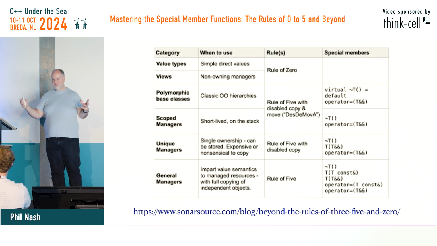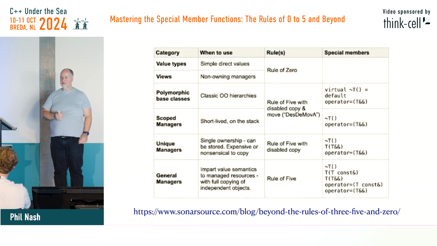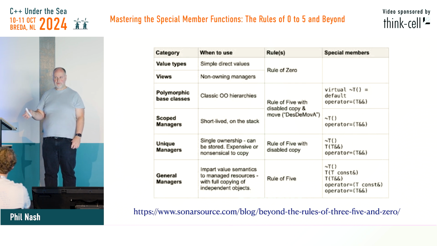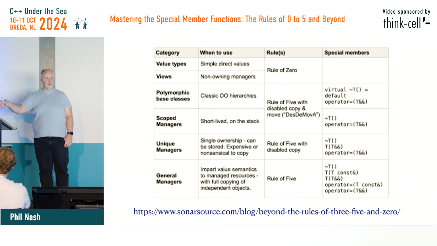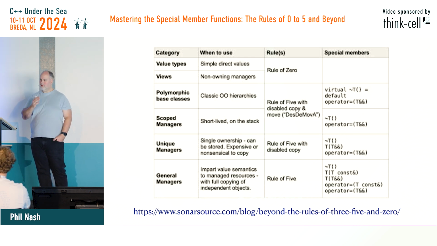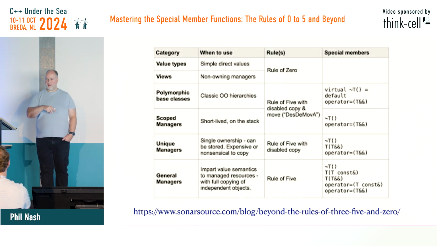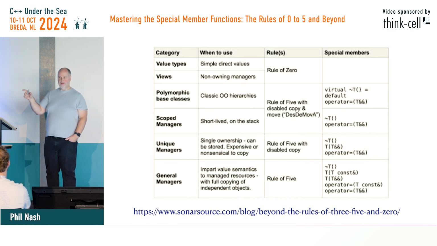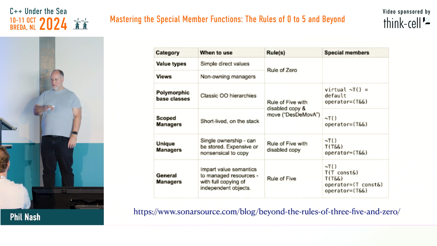But managers are more general than just pointers. And you can use unique pointer to manage non-pointer resources, and often that's the right thing to do. Because you can supply a custom destructor. Everything else should just work. Sometimes you need to write it more custom. So yesterday I was doing a workshop here on coroutines. Anyone that's used coroutines knows that there's a coroutine handle which doesn't have any sort of move or copy semantics.